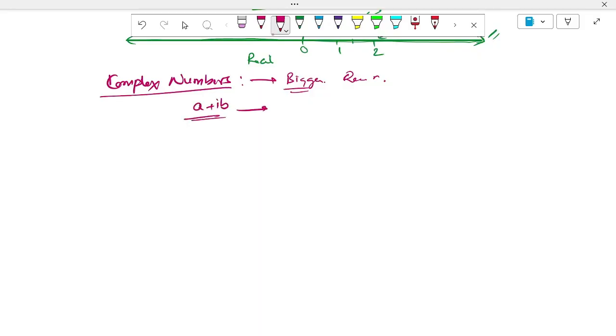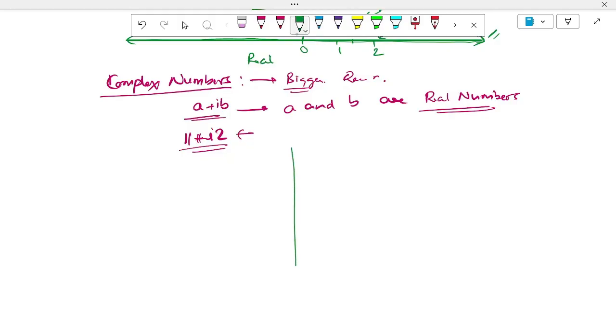This is the general format where a and b are real numbers. Another example you can take is 1 plus i2. You cannot exactly compare two complex numbers, but I'll tell you how you can graphically represent them.